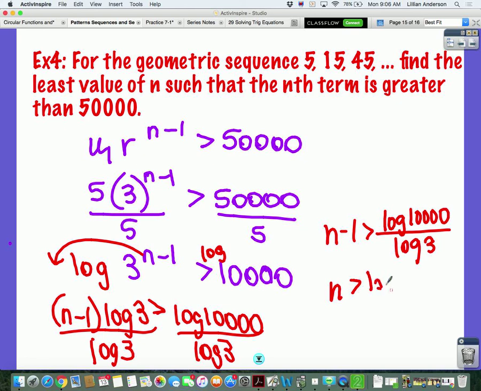So don't forget about your rules and your laws or properties of logarithms. Because you're doing a log divided by another log. If it was a log minus that log, then you would divide it. What did you guys get for this?